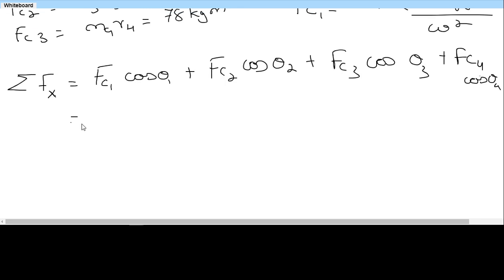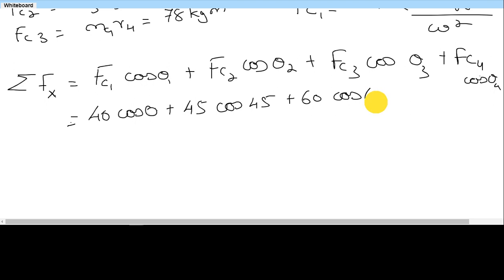So now equating it, 40 times cos 0 plus 45 times cos 45 plus 60 times cos of 45 plus 75 plus 78 times cos of 45 plus 75 plus 135.